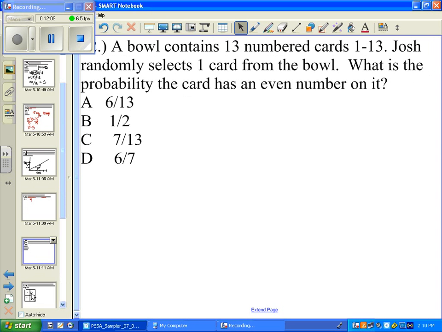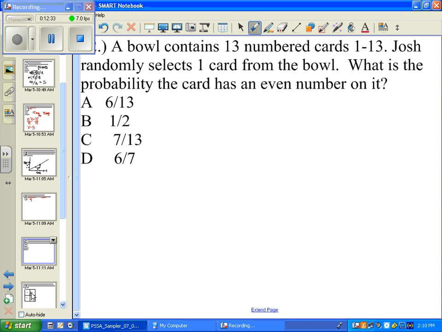A bowl contains 13 numbered cards, 1 through 13. Josh randomly selects 1 card from the bowl. What is the probability the card has an even number on it? Well, he has 13 cards, numbered 1 through 13, and we're looking for the evens.